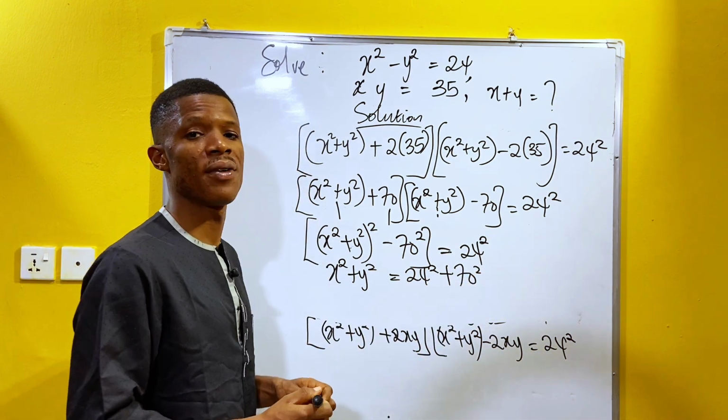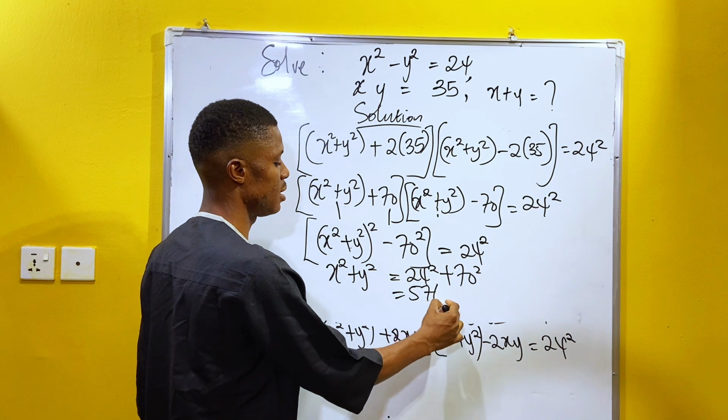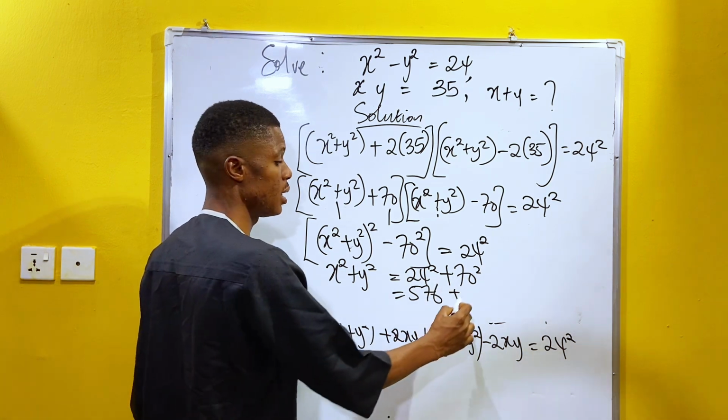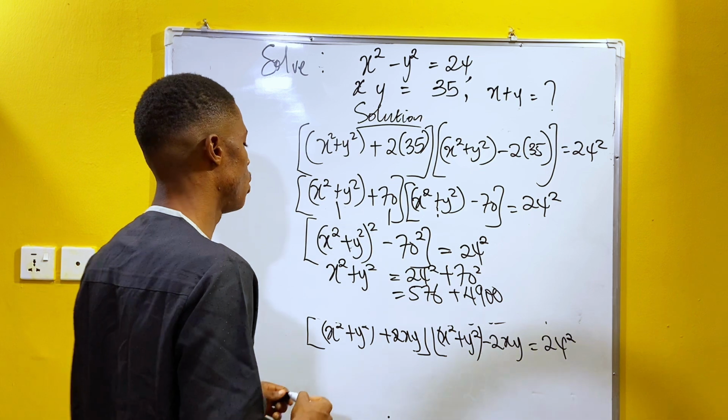Adding 70 squared to both sides. 24 squared is 576, plus 70 squared is 4,900. This is what we got.